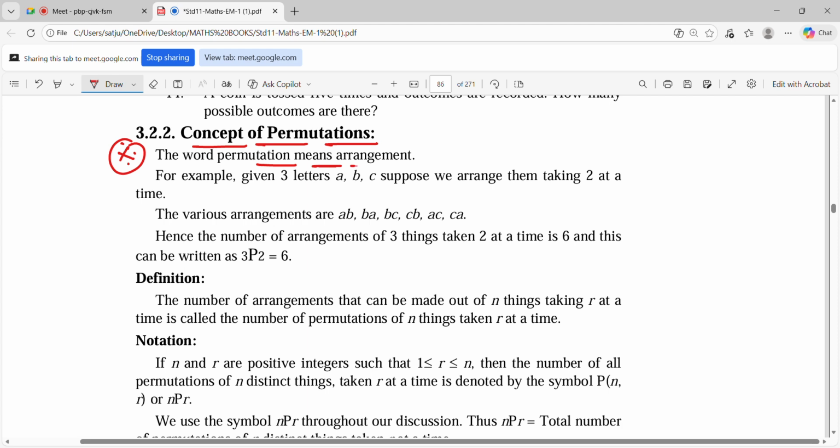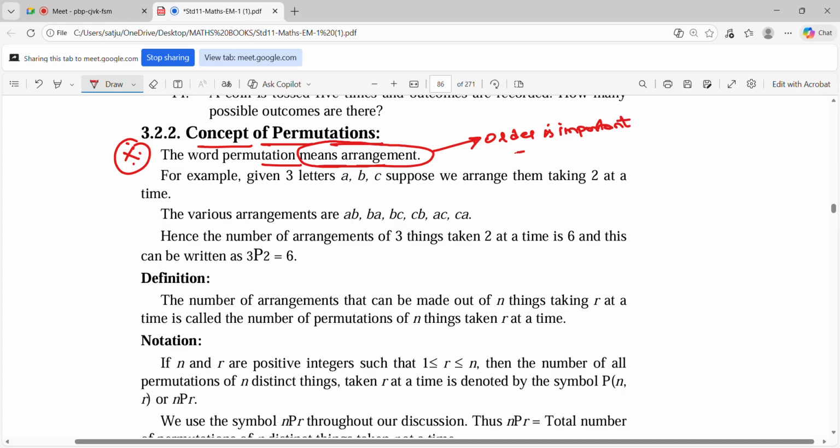The word permutation means arrangement. In arrangement, please understand, order is very important. If the order changes, then your arrangement also changes. That is very important, note it down.